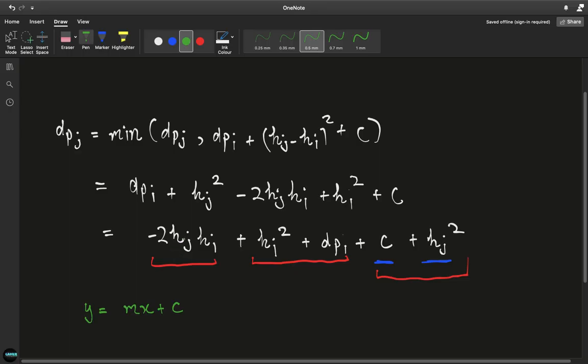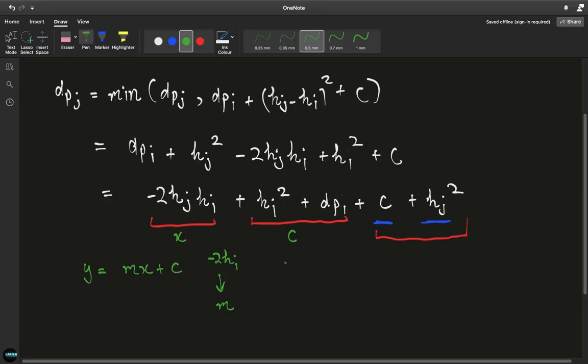Well, we can say that h[j] over here is our x value, and -2 times h[i] is our slope, which is m. h[i]^2 + dp[i] is the constant y-intercept, which is c. And these two we can just add in the end because they don't really matter. Now, this is important because this brings us to the convex hull optimization. Let's see what the convex hull trick is now.